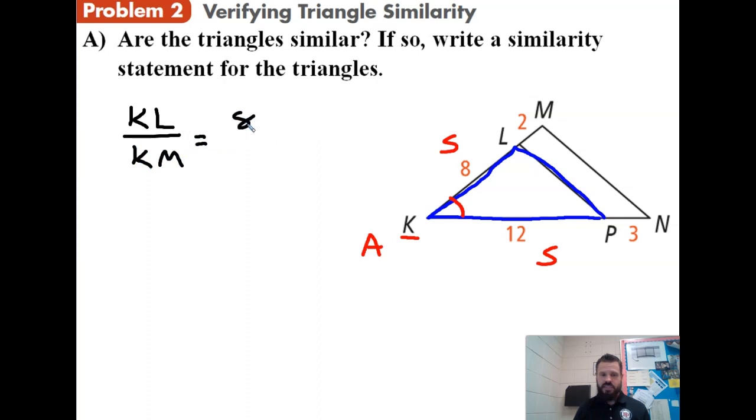That's equal to 8 over KM, which will be 8 plus 2, 10. Now when I reduce that down, 8 and 10 are both divisible by 2. Dividing both by 2, we get 4/5.